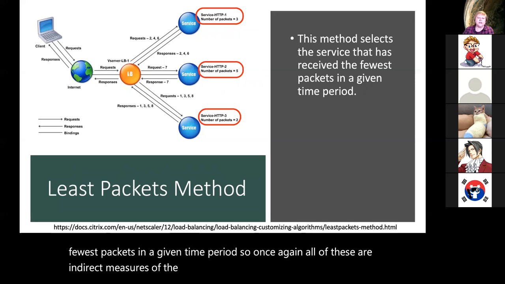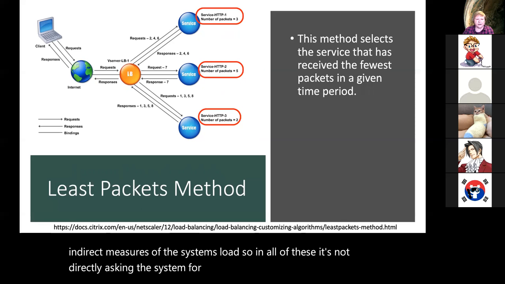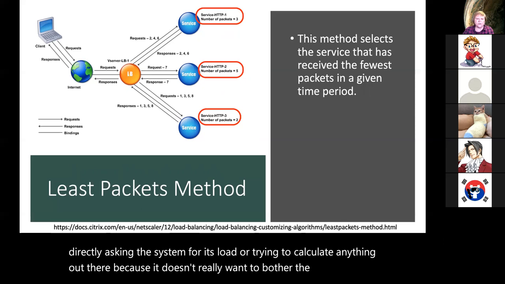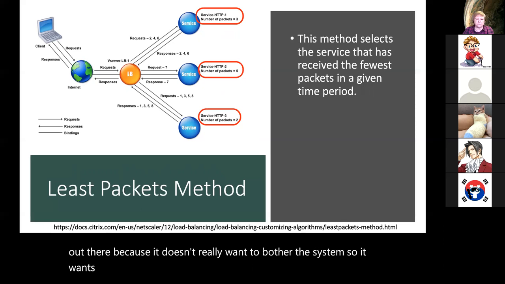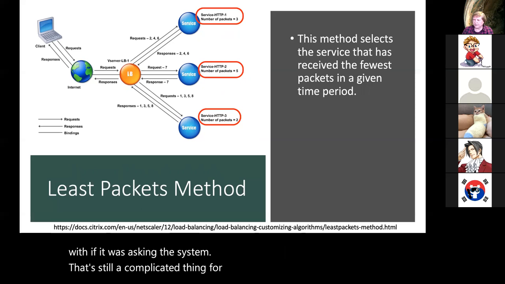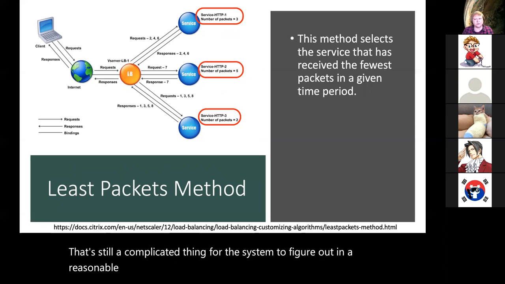In all of these, it's not directly asking the system for its load or trying to calculate anything, because it doesn't really want to bother the system. So it just wants to ping out there and ask for some information. And even if it was asking the system, that's still a complicated thing for the system to figure out in a reasonable time frame and in a reasonable way that gives a lot of information.